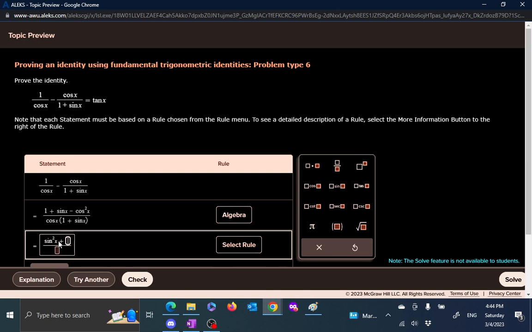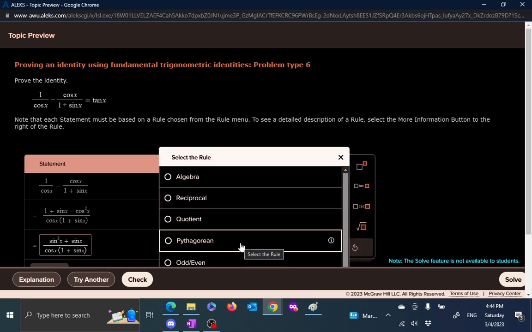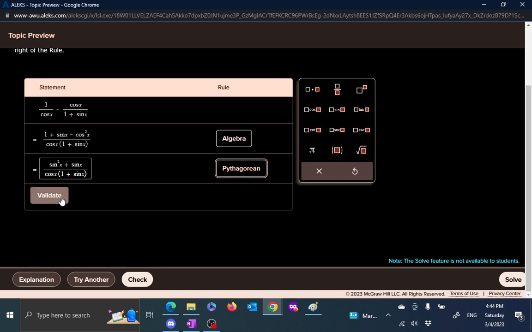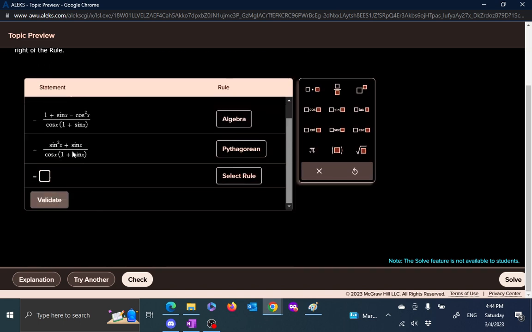And then I have plus sine of x again. In denominator I have cosine of x times 1 plus sine of x. So what did we use here? We just used the Pythagorean identity. Well, we are getting closer.